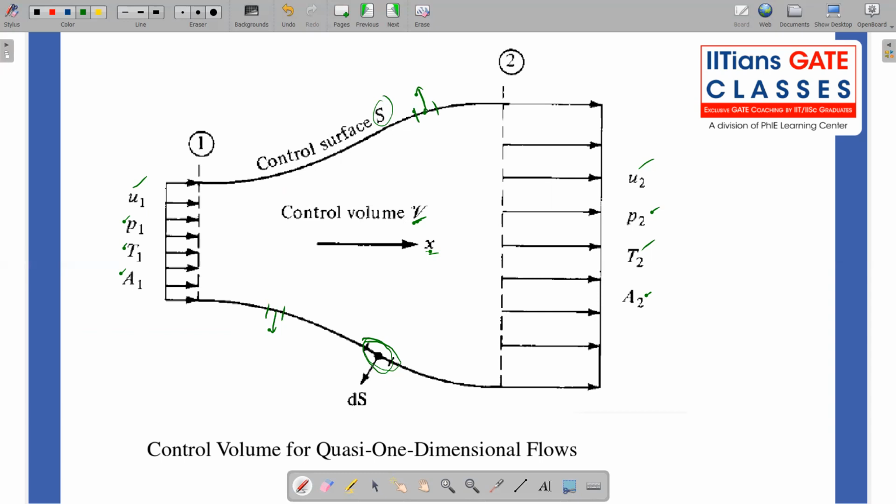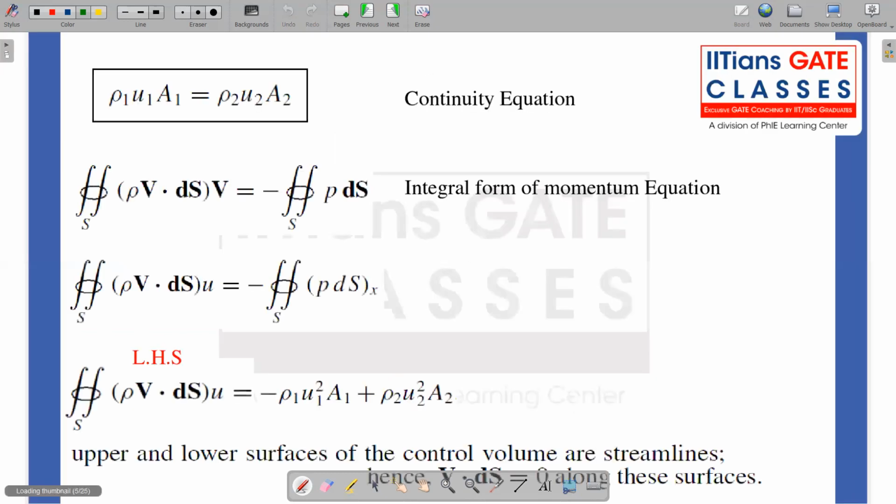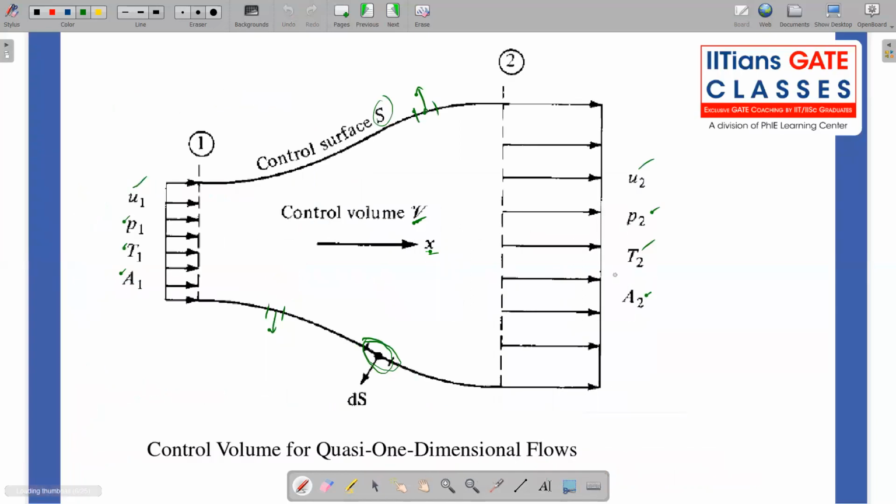Right now we will try to apply the conservation equation on this control volume. Again, the Reynolds transport theorem, we are going to utilize that idea. And my momentum equation, sorry, not the momentum, my continuity equation, the mass conservation, it reduces to this form. Let us write it in a nice and neat fashion.